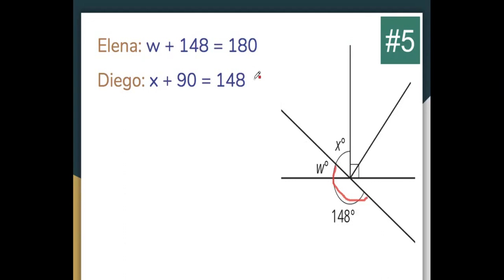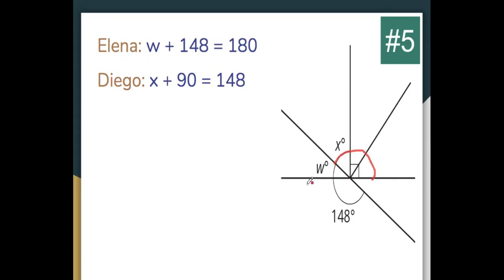So Elena is correct. But let's look at the other way. X plus 90 is 148. What Diego is saying is that X plus all of this all the way to here is the same as this, that this whole thing is 148.